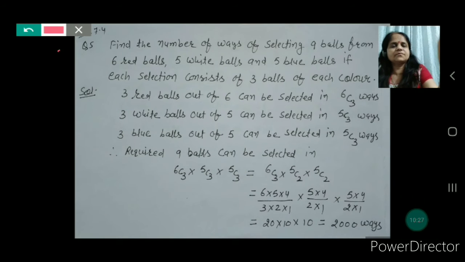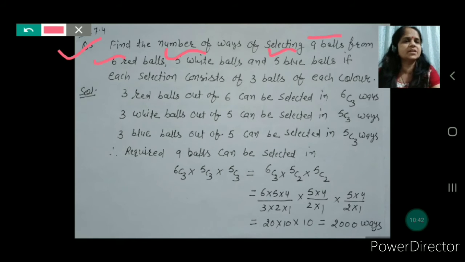Question number 5. Find the number of ways of selecting 9 balls from 6 red balls, 5 white balls and 5 blue balls. Students, if each selection consists of 3 balls of each color, so we need 3 red balls out of 6, which can be selected in 6C3 ways.